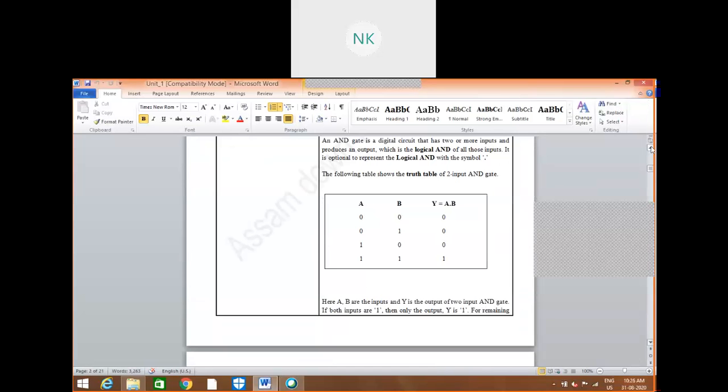Okay, I will tell you then. In the earlier class, we talked about what logic gates are and why we use gates. In simple English, a gate is like a gatekeeper at your college, at any institution, in your home, at your society.